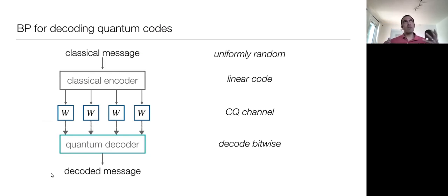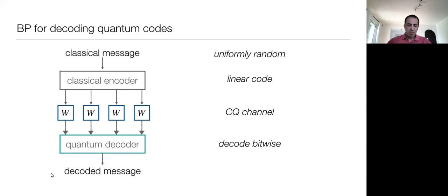I mean, the idea: can we make a quantum version of belief propagation? Or is there some quantum sense of graphical models? Just pick a classical problem, translate it into a quantum problem, try to solve that one, and see if there's any relation. Pick a problem that you would solve with these graphical model techniques and see if you can port it to the quantum case. So here's the simplest version of that.